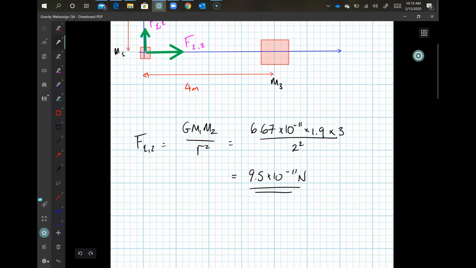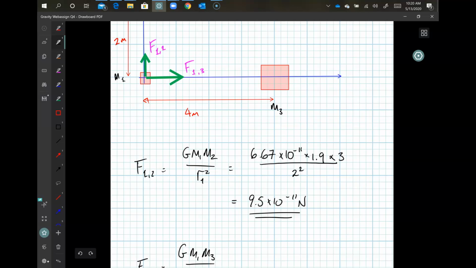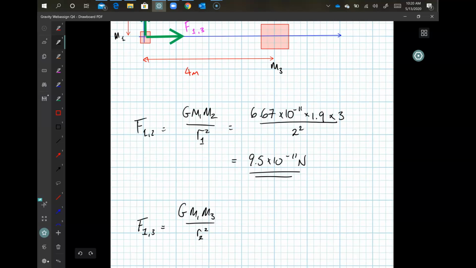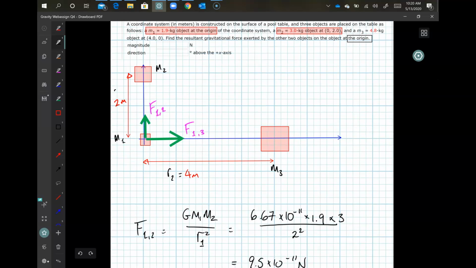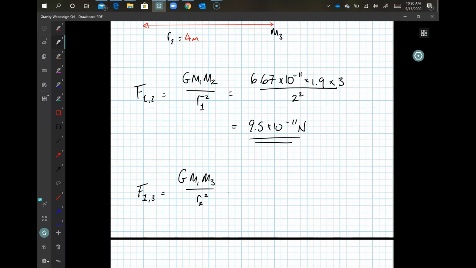Alright, let's find F1, 3. So F1, 3 is going to be big G, M1, M3 over R squared. I should have called these R's different things, shouldn't I? Otherwise, it can get confused. Let's call that one R1 and that one R2. So R2 equals 4 meters. R1 equals 2 meters. All right.